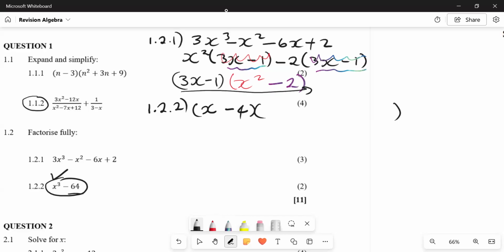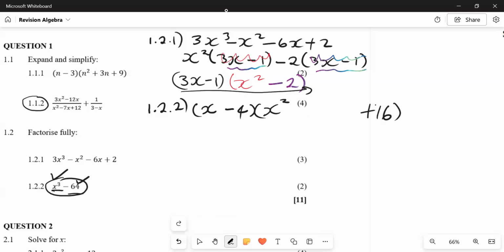So now, how can we create x cubed if we're already having x? We need x squared, right? And then how can we create 64 if you have minus 4? You need your positive 16. And then how do we get the middle term?